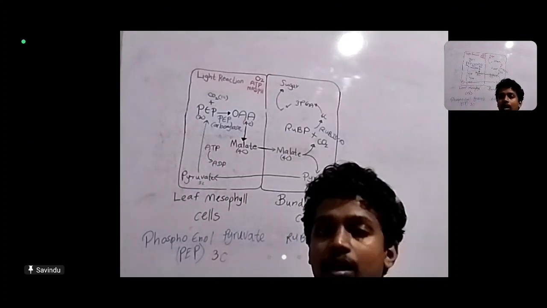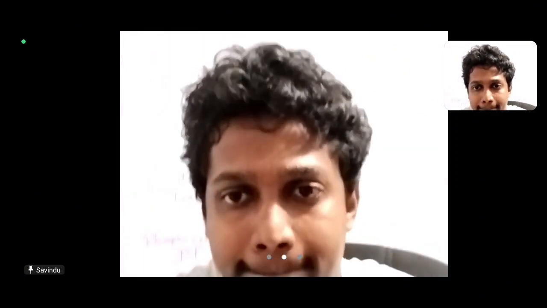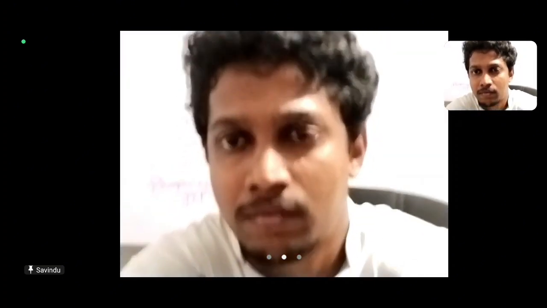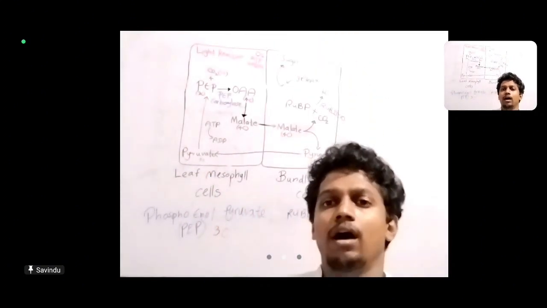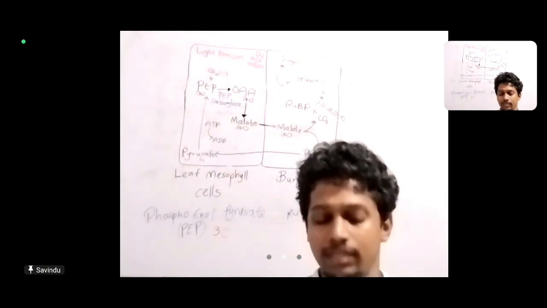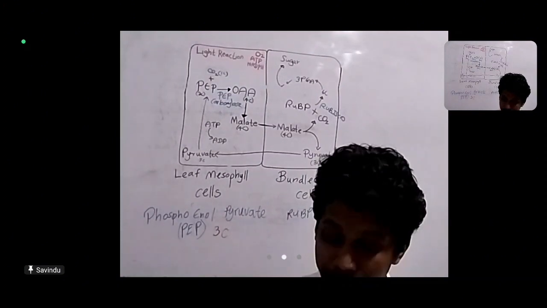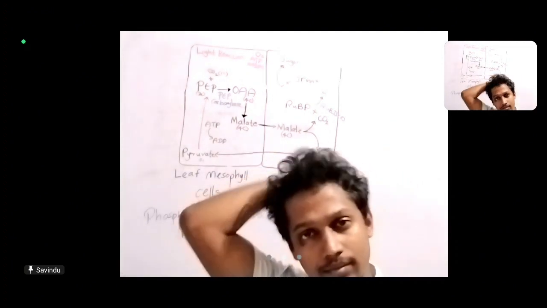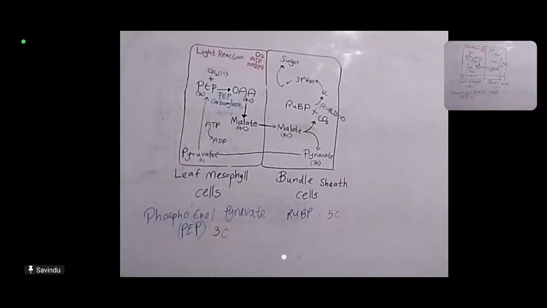Next point, carbon dioxide is initially fixed with PEP, phosphoenol pyruvate.